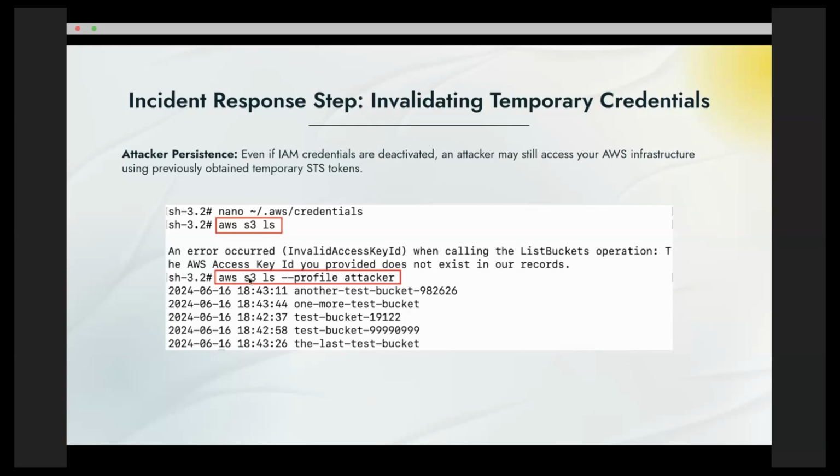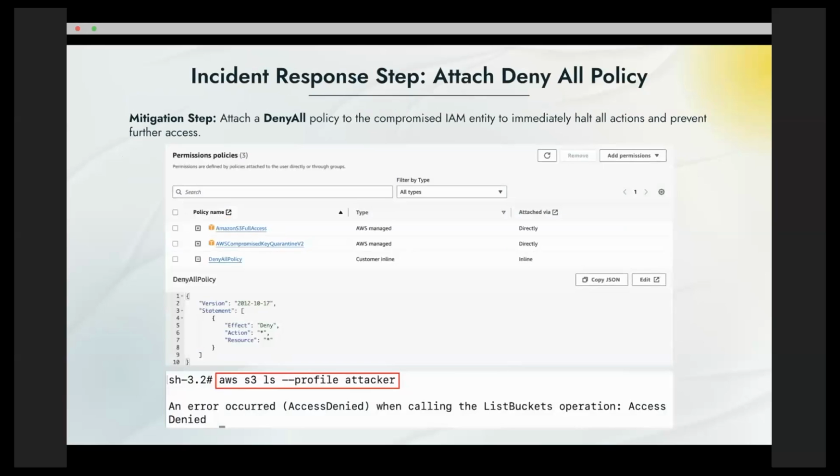In this example, I did an s3 ls, which lists all the buckets available to this IAM entity. So the attacker has still managed to get persistence within your environment, even though you have invalidated the original credentials. So how can we fix it?